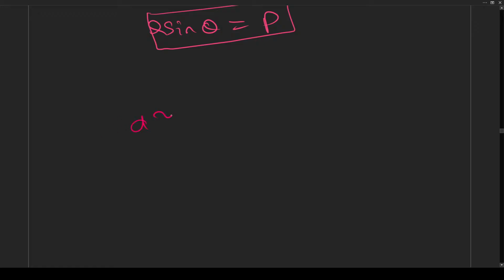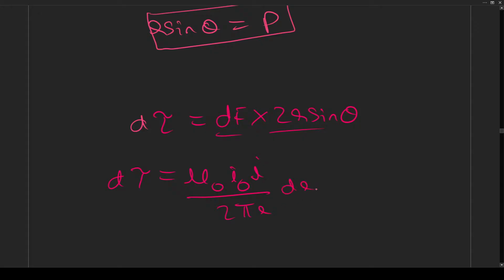Therefore d tau is equal to dF cross 2 r sine theta. There's a perpendicular distance, and dF we know, so d tau is equal to mu naught I naught I by 2 pi r dr, times 2 r sine theta.